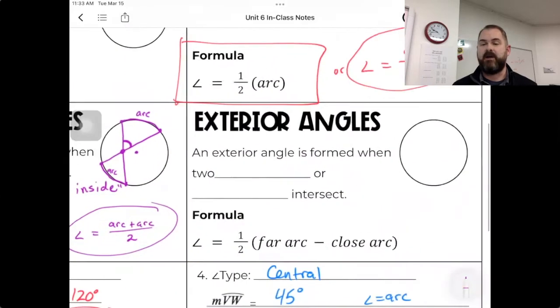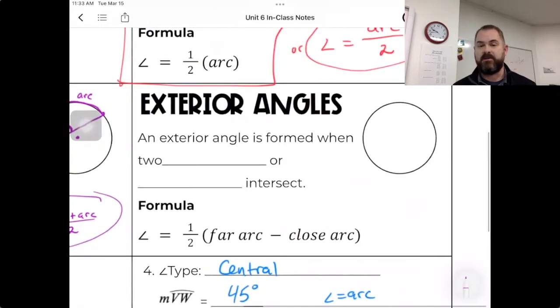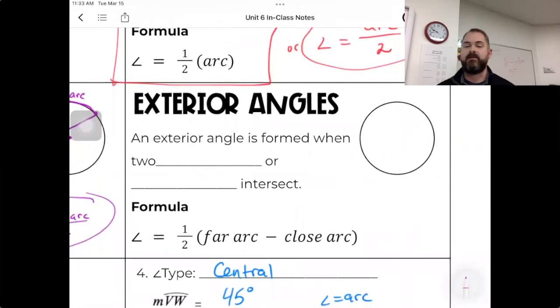For exterior angles, it works very similarly, but these are formed differently. An exterior angle is not going to be formed by chords. There's two other kinds of segments we can use to intersect circles. Chords are all inside the circle, but exterior, that word means outside. So the segments that form outside of a circle are either tangents or secants.